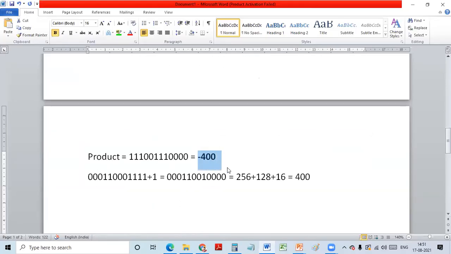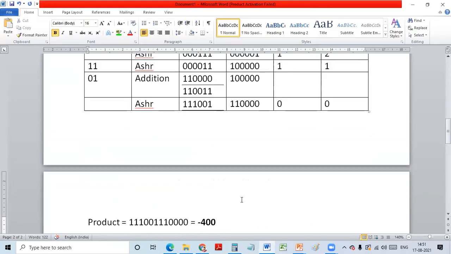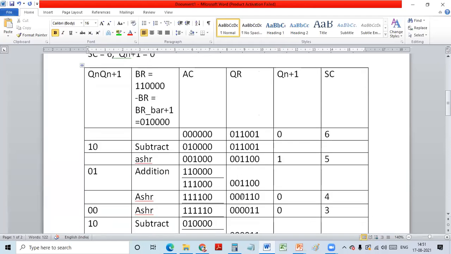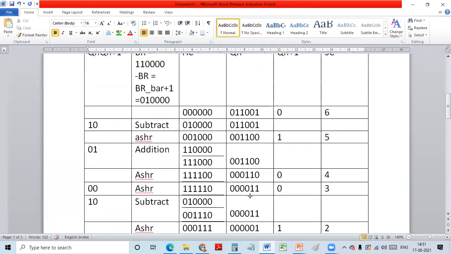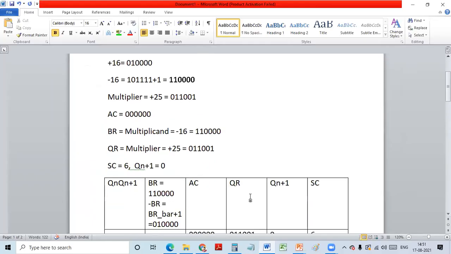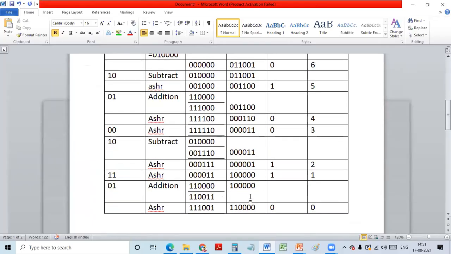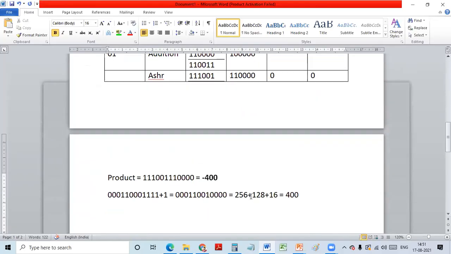That is how we have to perform Booth's algorithm. This is the procedure that we wish to implement in a company. Is this example clear? Yes, ma'am. Okay. Any other doubts?